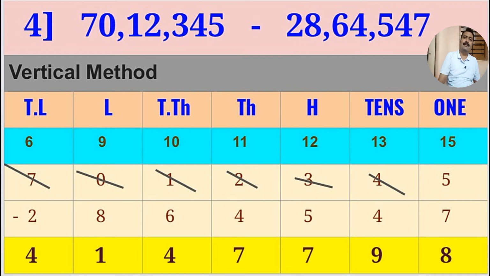After this vertical arrangement for the first number, we take a minus sign and arrange the second number, 28,64,547, again in opposite way.